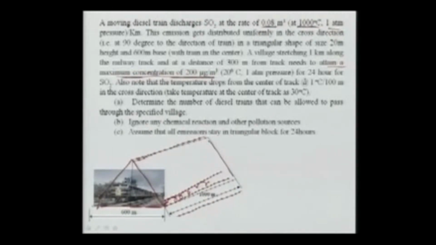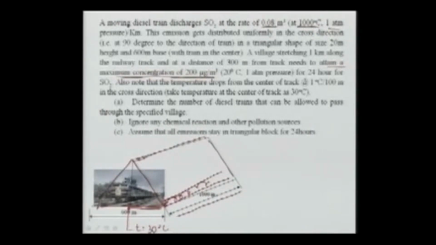So the temperature here is 30 degrees Celsius, and as we go away from the center, the temperature drops at the rate of 1 degree Celsius per 100 meters.